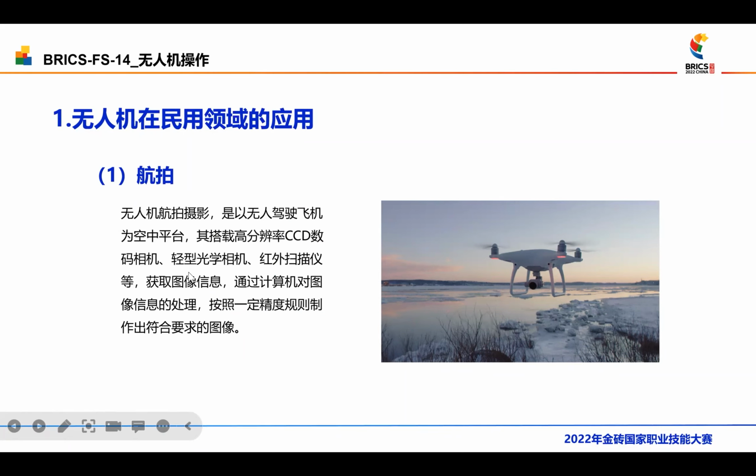It is equipped with a high-resolution CCD digital camera, light optical camera, infrared scanner, etc., to obtain image information, and through computer image information processing according to certain accuracy rules, it produces the required image.